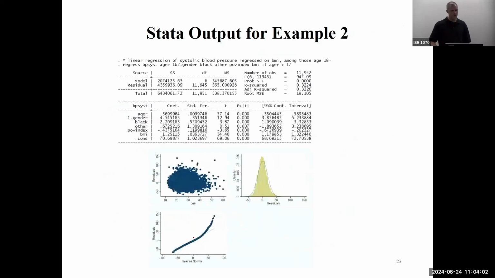Okay, so here's the updated regression fit. Okay, so I see R squared is now 0.32. So adding these additional variables, I've got my R squared up to about 32%, just getting in the right direction, it seems like. Okay, many of the predictors are significant with the exception of other. So if I look at this interpretation here, remember these estimated coefficients for categories of race are relative to the reference category.